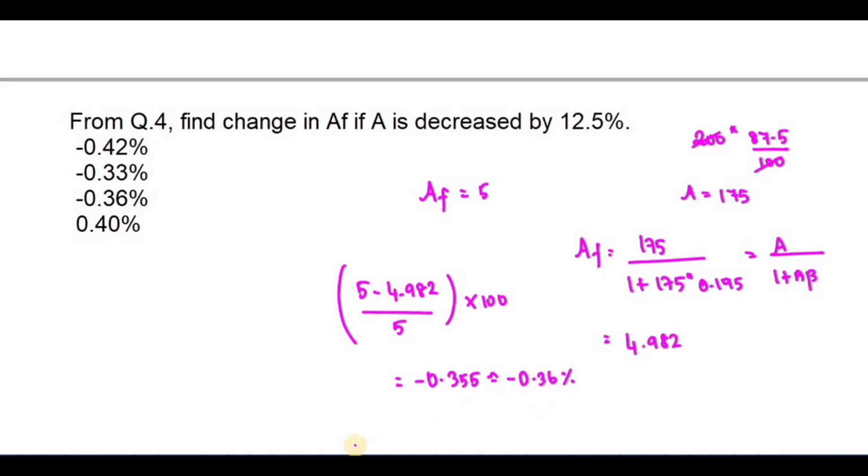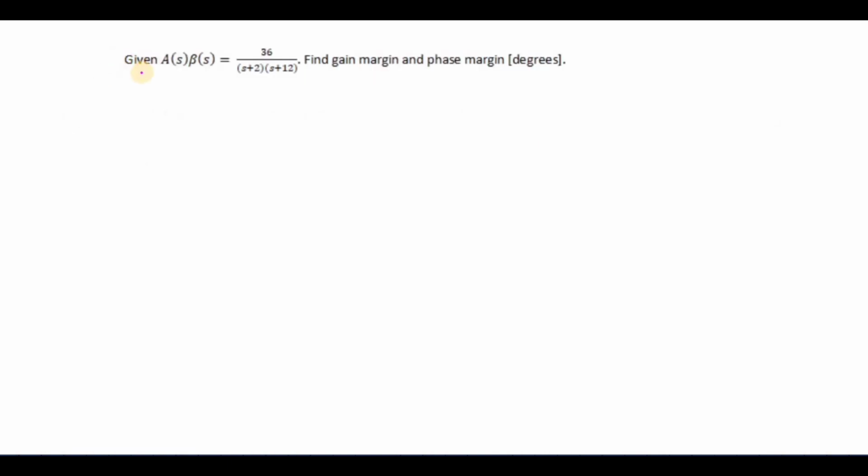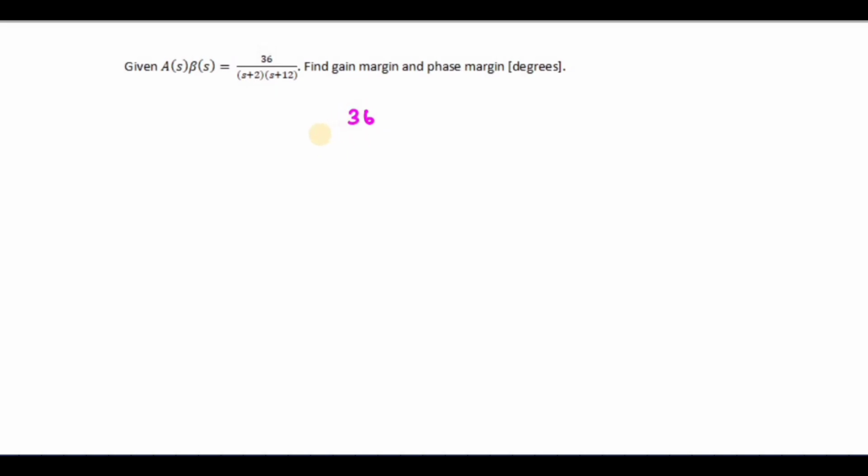The third question is: given A beta is equal to 36 divided by S plus 2 into S plus 12, find the gain margin and the phase margin in degrees. In order to find omega GC, you have to make the modulus equal to 1. You substitute values for omega such that the value is equal to 1.